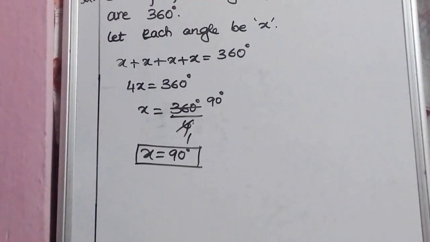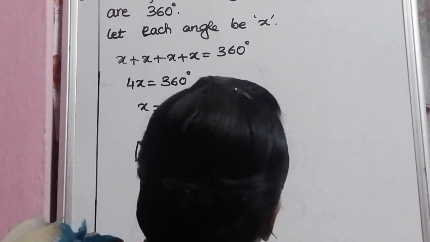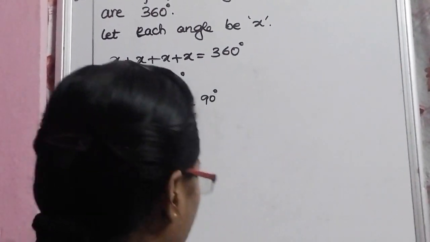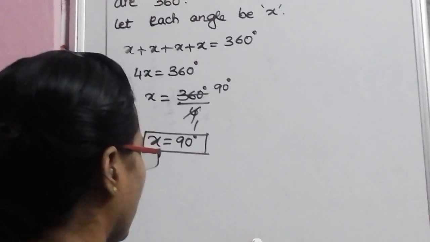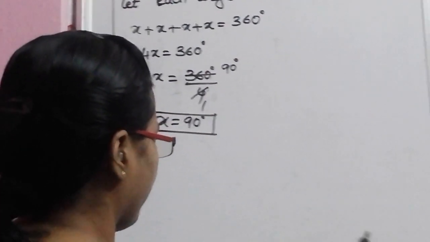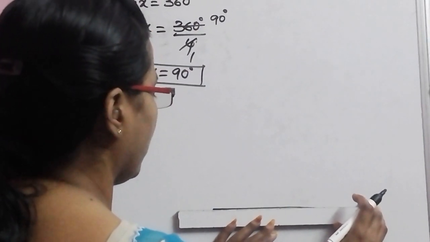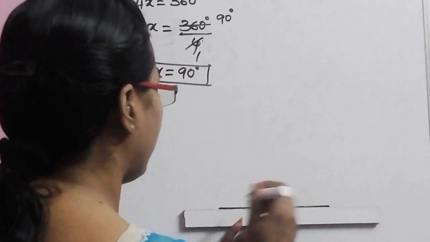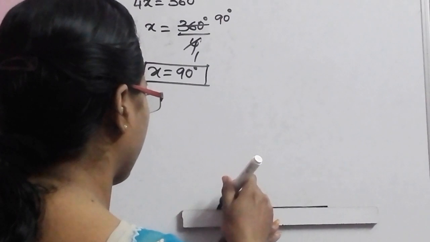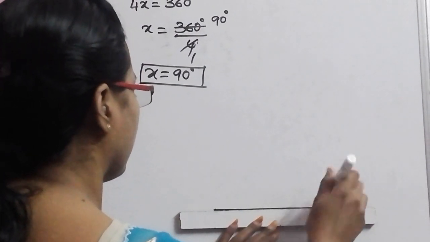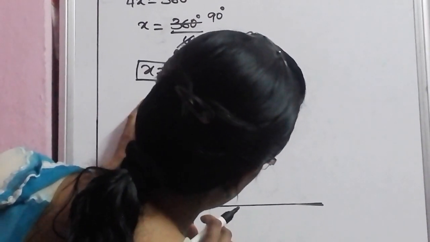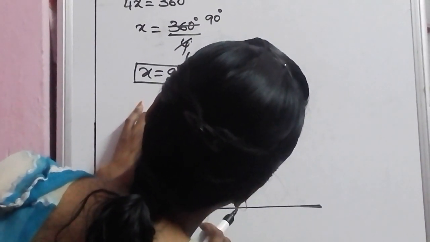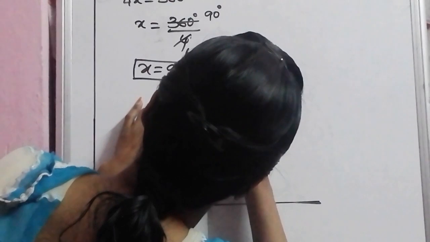Okay. So now we have to draw the figure. So use your scale and protractor to draw this. Draw a line. Okay. First of all, we are drawing a line. Now 90 degrees. Use your protractor and mark 90 degrees.